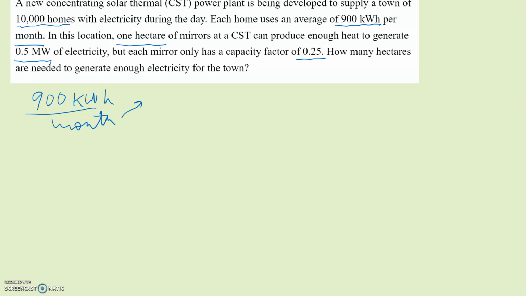convert months to hours. So 30 days times 24 hours per day is 720 hours.